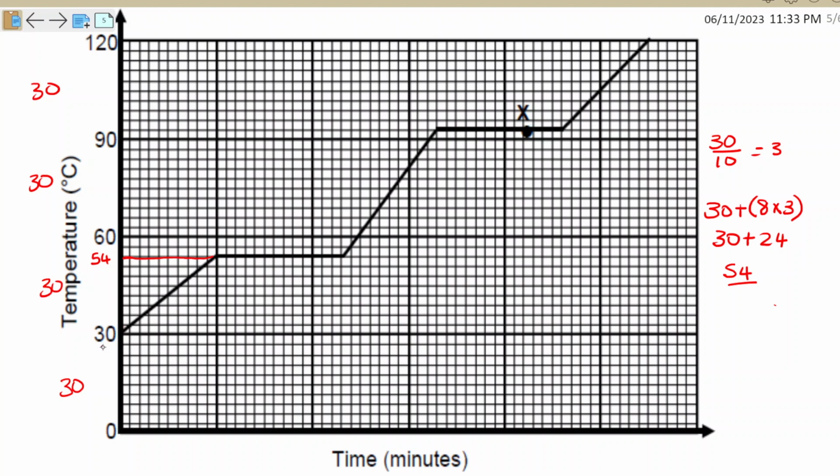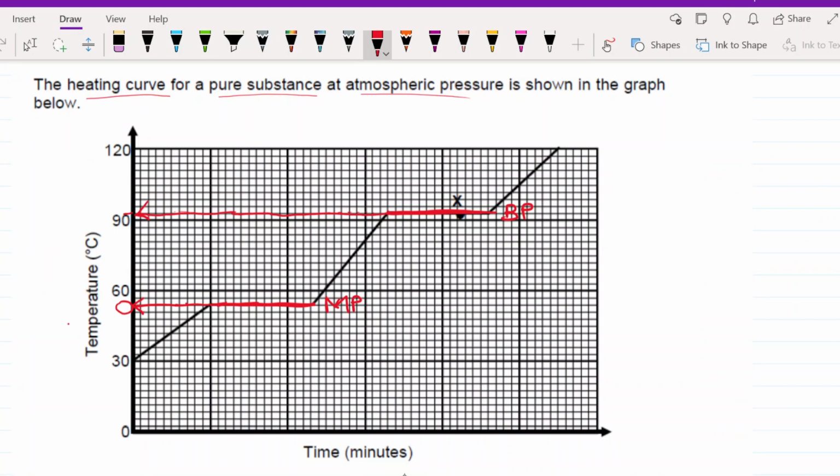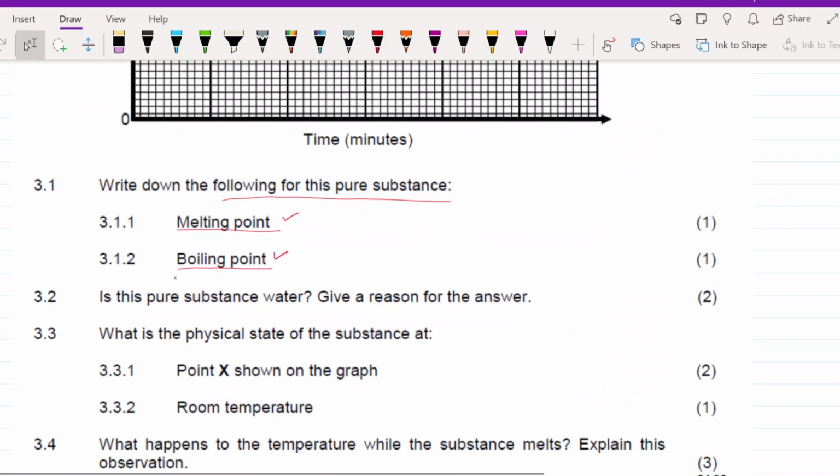So we added 24 on 30, we're going to come to 54. So going now to our question, we know now the melting point is 54 Celsius degrees.